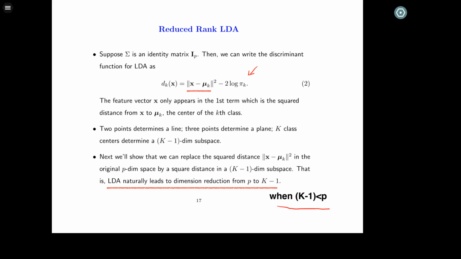We know that 2 points determine a line, 3 points determine a plane, and k points determine a k minus 1 dimensional hyperplane. If we move the origin to this plane, then they basically form a k minus 1 dimensional subspace. What I want to say is that operating your LDA in the original p-dimensional space is actually equivalent to operating your LDA in a lower dimensional space, k minus 1 dimensions. There's no loss of information, everything is the same.